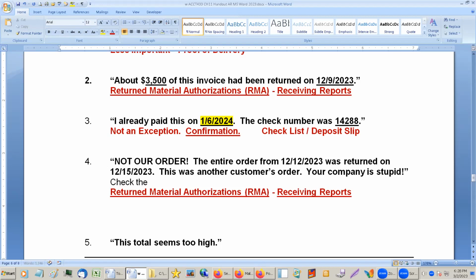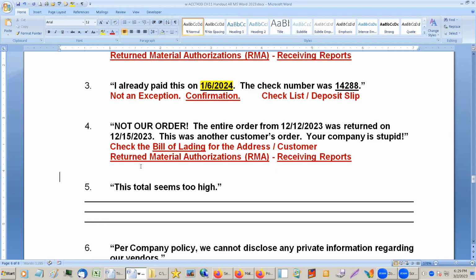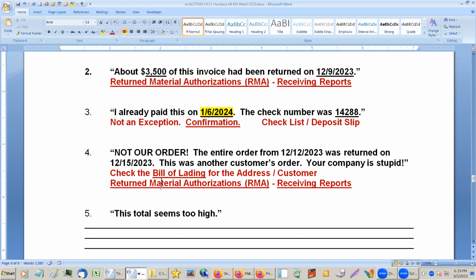Spell check. But then see if it was returned, and see if it was actually shipped out to whoever was supposed to get it.